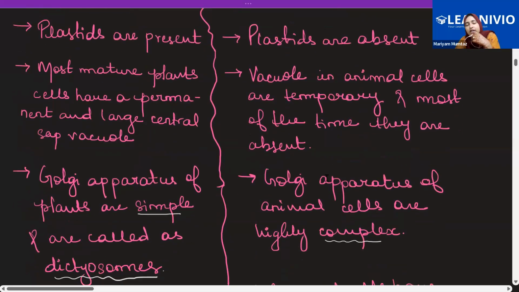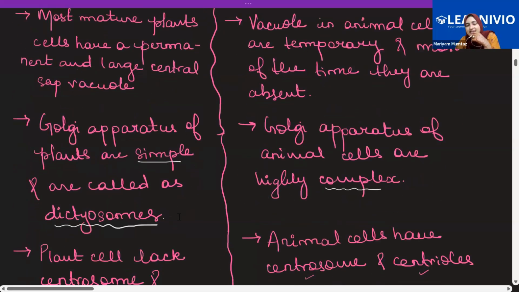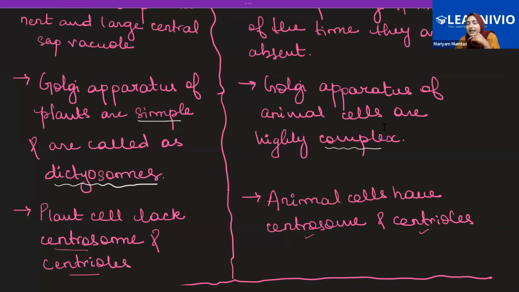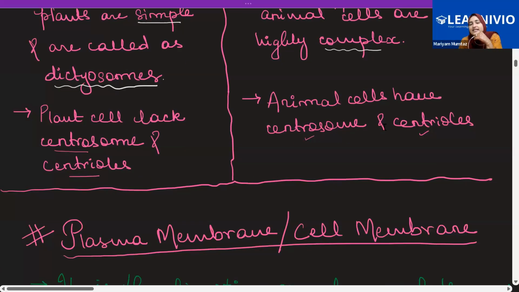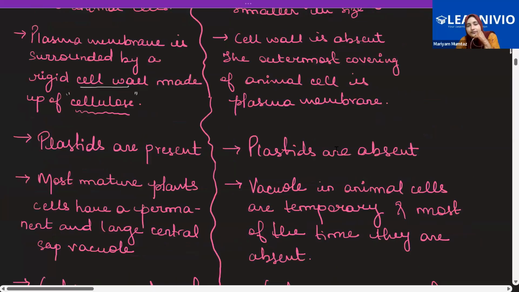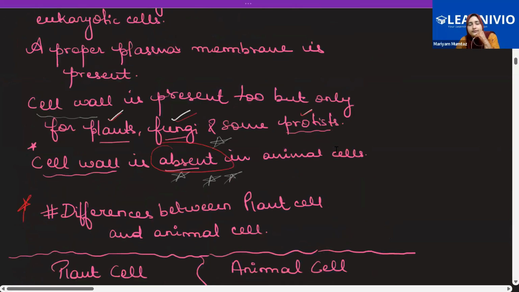The Golgi apparatus of the plants is simple and you call them dictyosomes, whereas the Golgi apparatus of the animals is highly complex. And lastly, plant cells do not have centrosome or centrioles, whereas animal cells have. So the mechanism of cell division in plants and animals is also different. Understood, students? Yes, ma'am. Okay, now note it down.